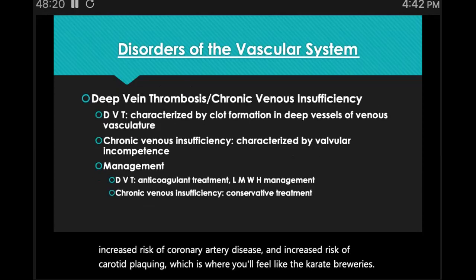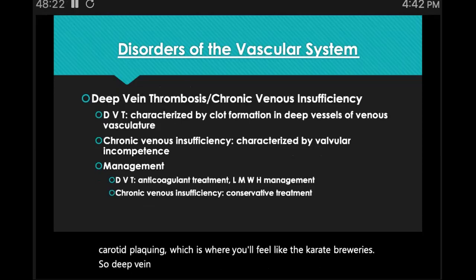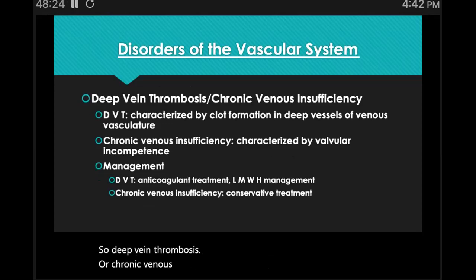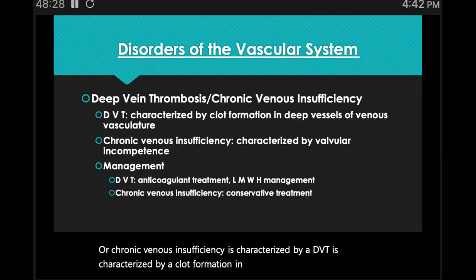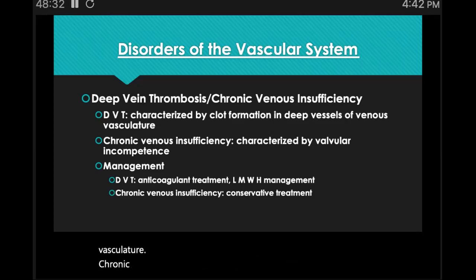So deep vein thrombosis, or chronic venous insufficiency. A DVT is characterized by clot formation in deep vessels of the venous vasculature. Chronic venous insufficiency is characterized by valvular incompetence. And management of DVTs includes anticoagulation treatment, LMWH management.